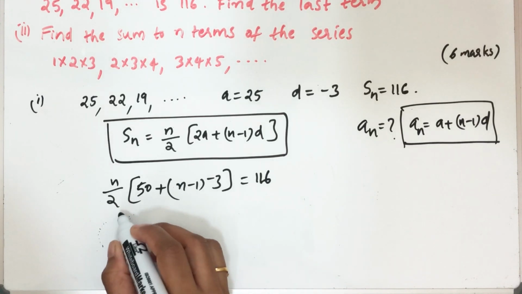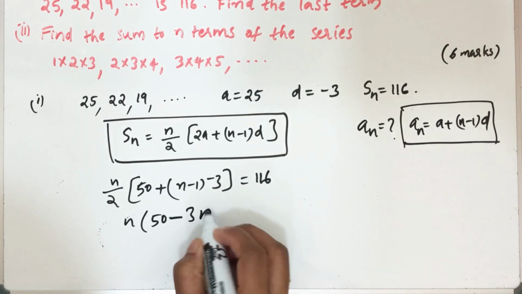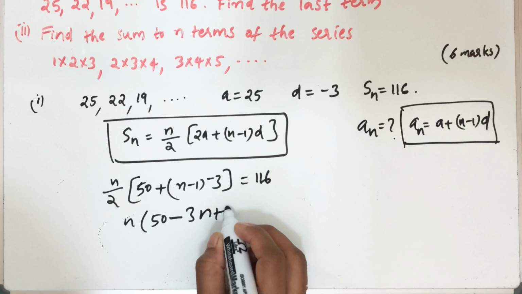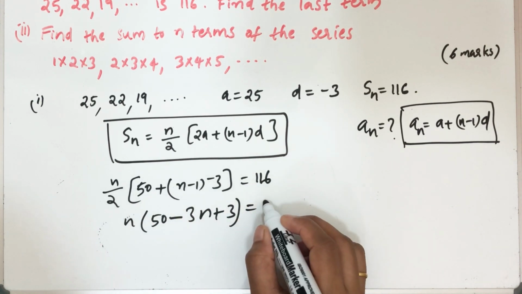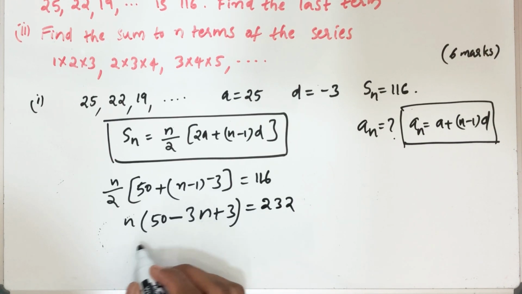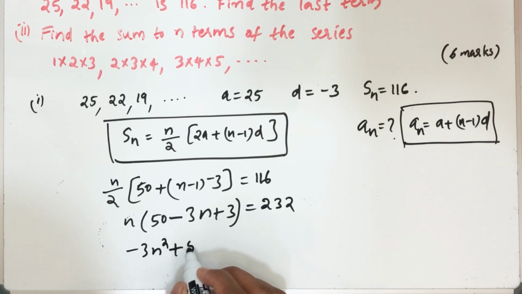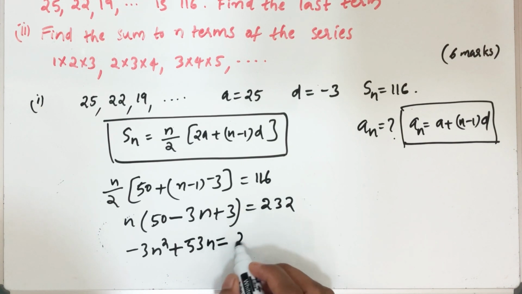We get n into 50 minus 3n, minus n minus 1 into minus 3 is minus 3n plus 3, is equal to 116 into 2, that is 232. This we can write as minus 3n square plus 50 plus 3 is 53, plus 53n is equal to 232.